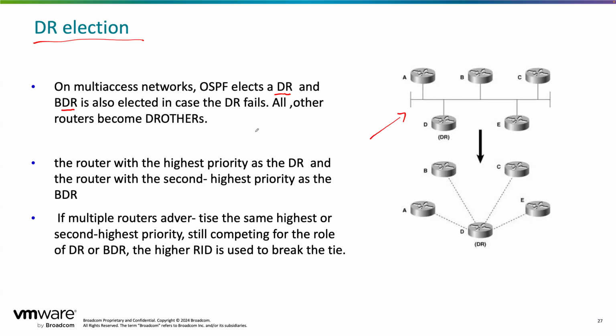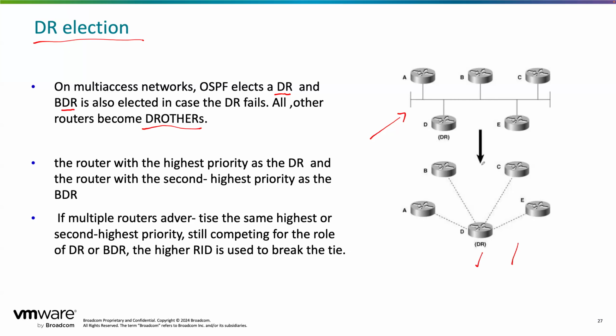All other routers will be called DR other routers. Every DR other router only has to establish a relationship with the DR and BDR.